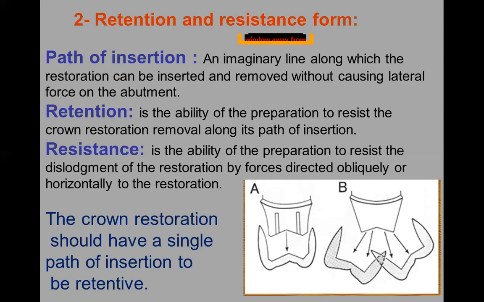Now, retention is the ability of the preparation, when it is done in such a way, to resist the removal of the restoration in the direction of the path of insertion. So when we want to remove the restoration from the prepared tooth and it is not removed in any direction other than the path of insertion, we say it is retained, or this restoration has retention.